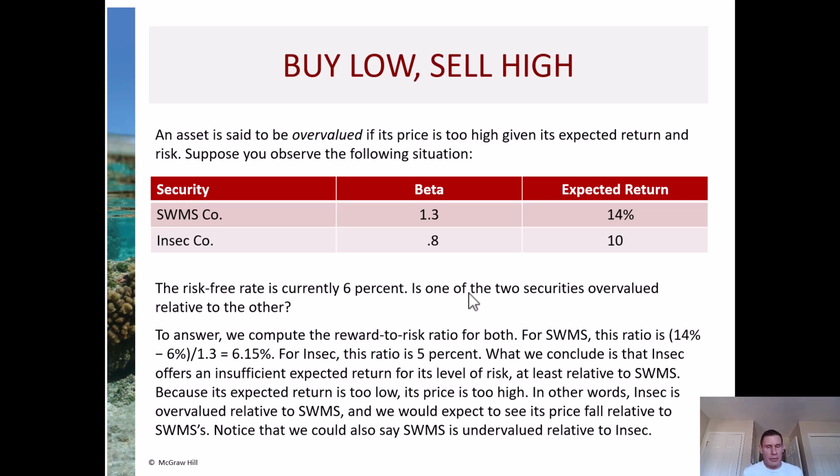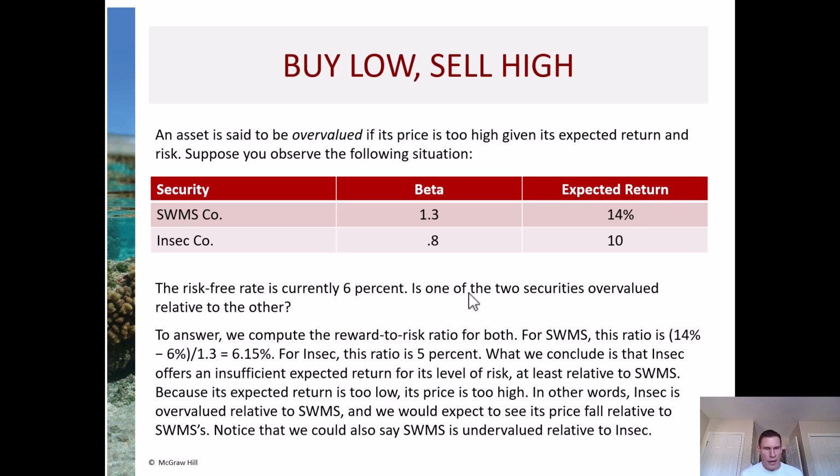Now, because its expected return is too low, its price is thus too high. So in other words, INSEC is overvalued relative to SWMS. And what we would expect to see is the price fall, again, relative to SWMS. Another way we could say that is we could say SWMS is undervalued, if we want to talk reciprocally, relative to INSEC.